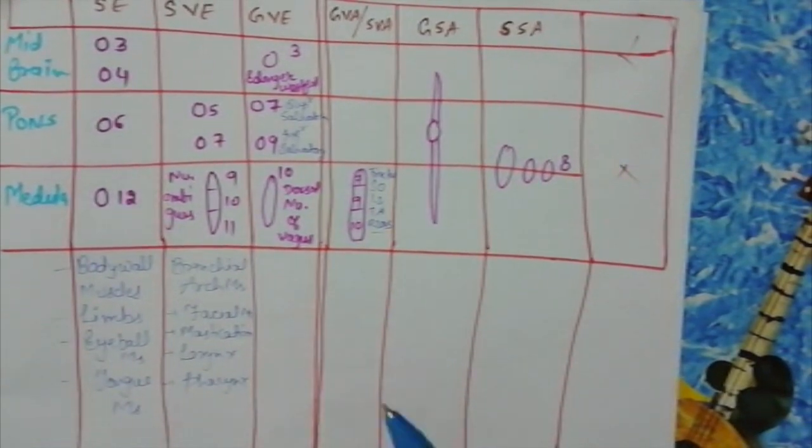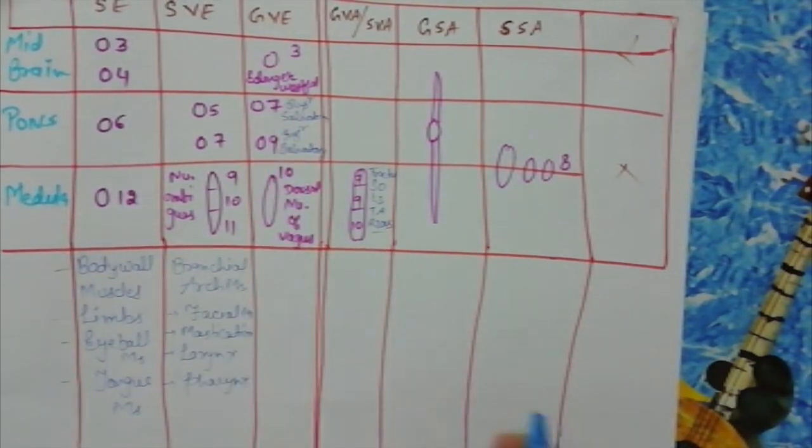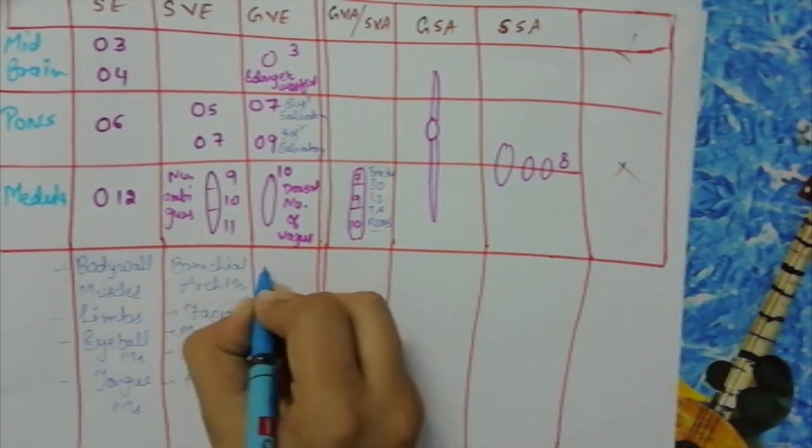So these will be supplied by special visceral efferent, and the general visceral efferent column is for the smooth muscles and glands.